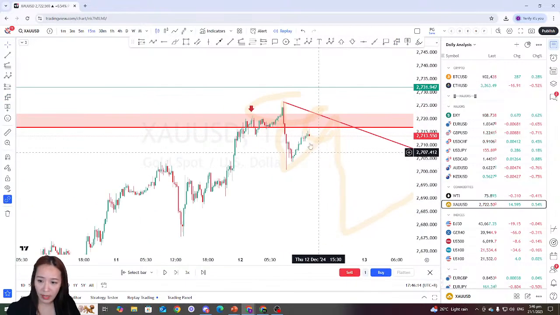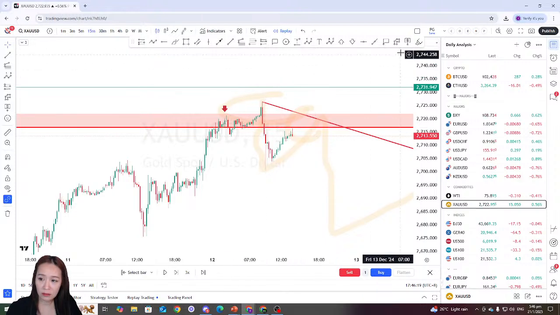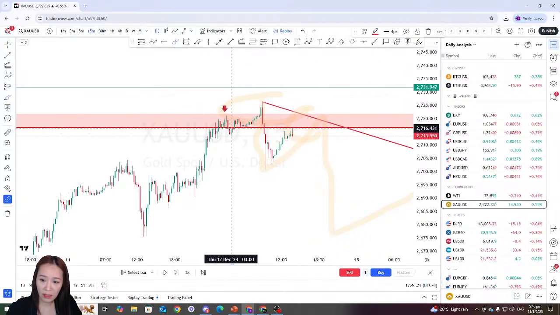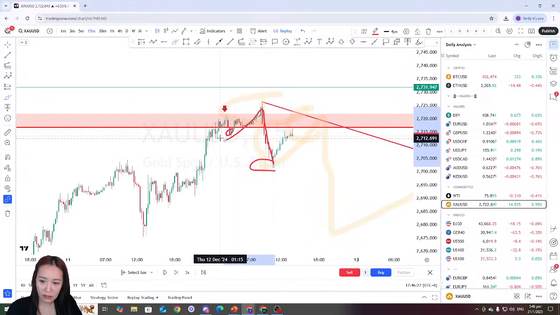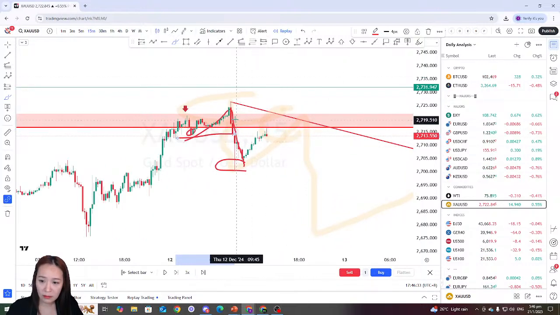But once price is at the resistance zone or resistance level, you will see that price makes a new low right here, below a previous low. You can see that this is your market structure shift, or change of character, either way you say it. You wait for price to pull back somewhere around this zone, and then you continue to sell.